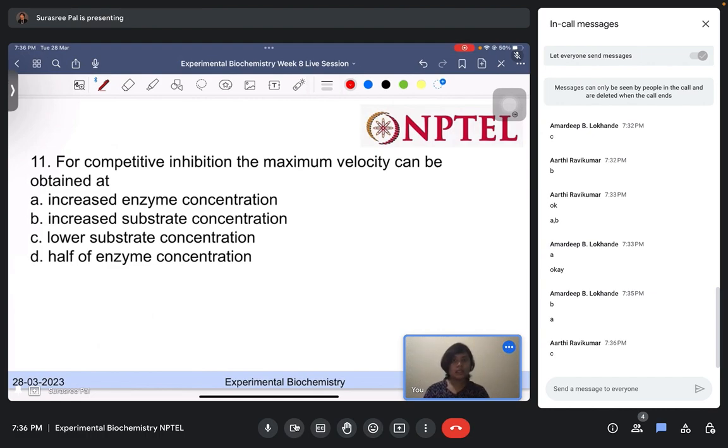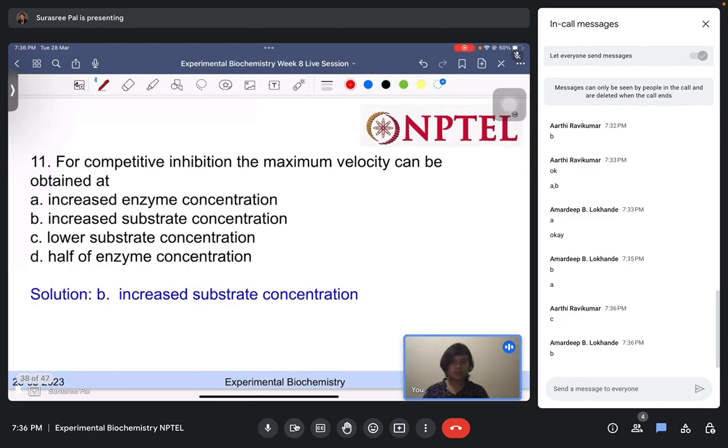So in which case can we get the maximum velocity of the enzyme? If we increase the substrate concentration, then more and more substrate will compete with the inhibitor, and the substrate will outcompete the inhibitors, and therefore the enzyme can reach its maximum velocity, right?